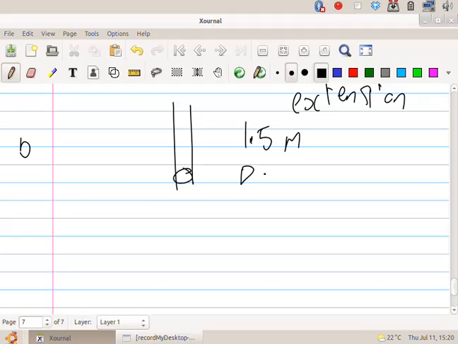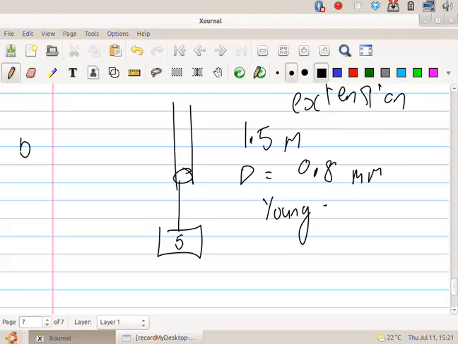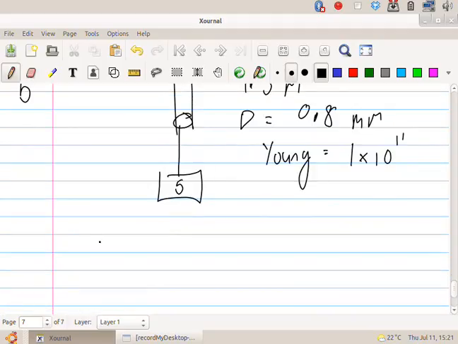Its diameter is 0.8 millimeters, and there's a weight down here of 5 kilograms, and Young's modulus is 1 times 10 to the 11. Determine the stress on the wire. So do you remember the formula for Young's modulus? What was the letter for Young's modulus? E, wasn't it? So what is the formula?